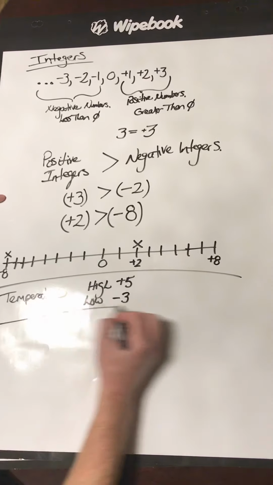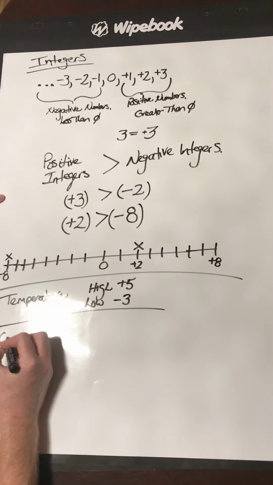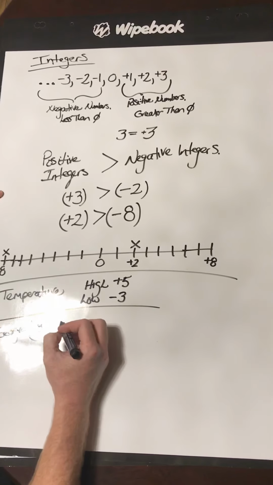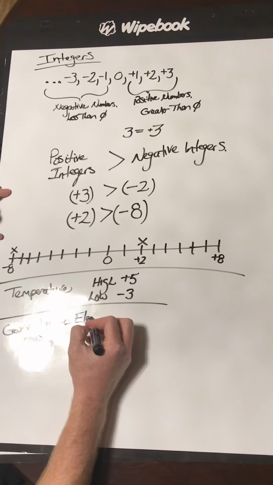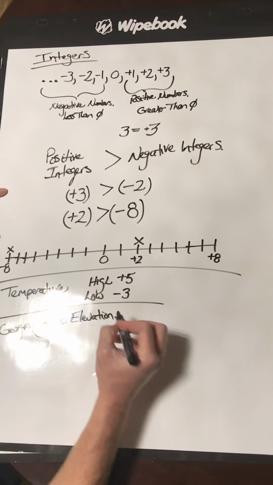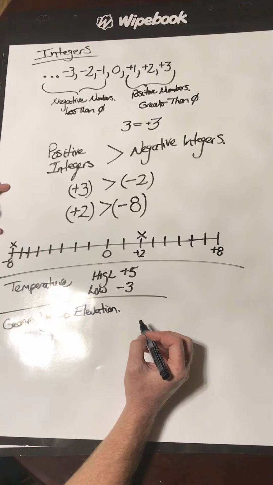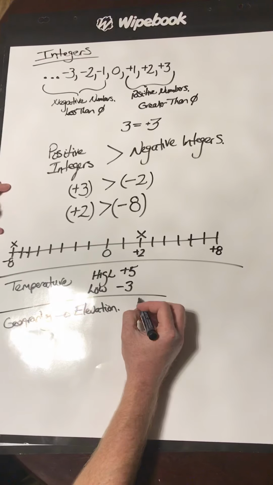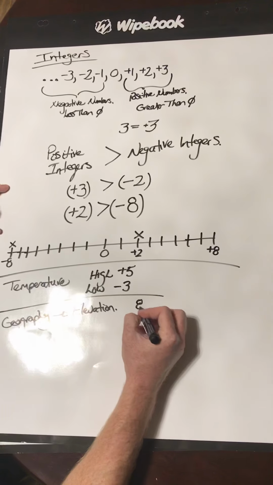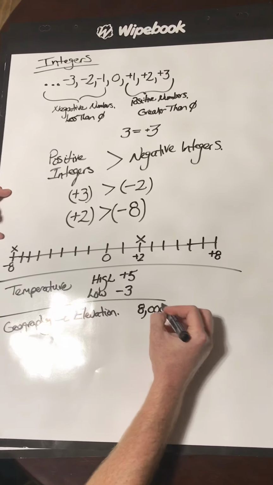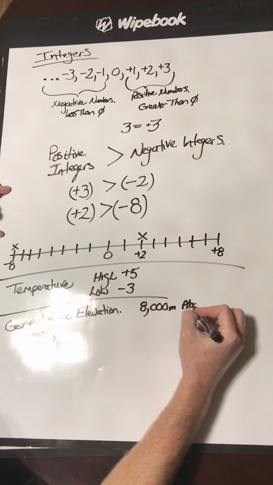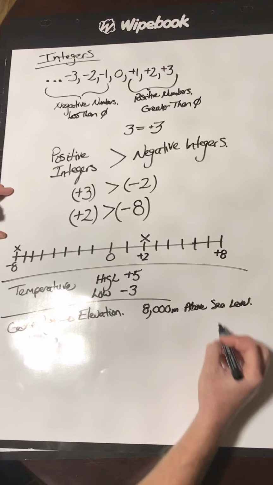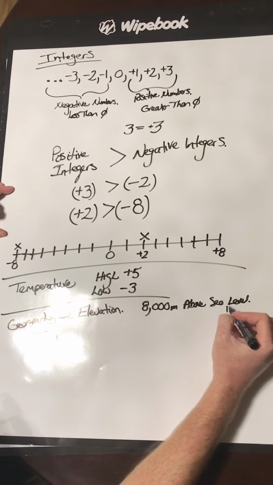Another place you might hear it is in geography, when we talk about elevation. A place like the Himalayan mountains is 8,000 meters above sea level. Of note, sea level is equal to 0.